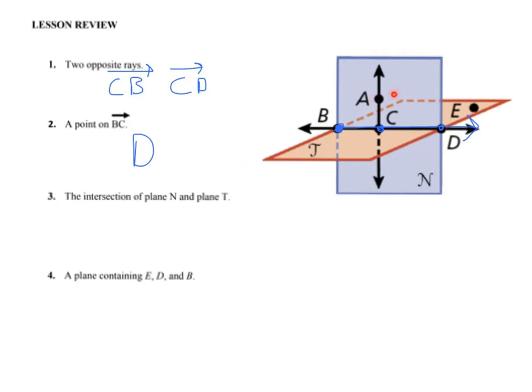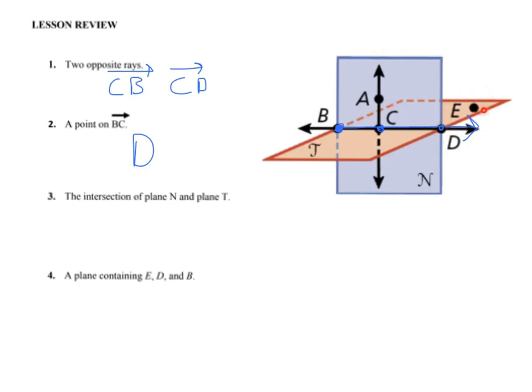Whereas if I look at plane T, which is, it's hard to look at this in a picture, but it's kind of coming towards us and away from us. That plane has points B, C, D, and this little point E over here.